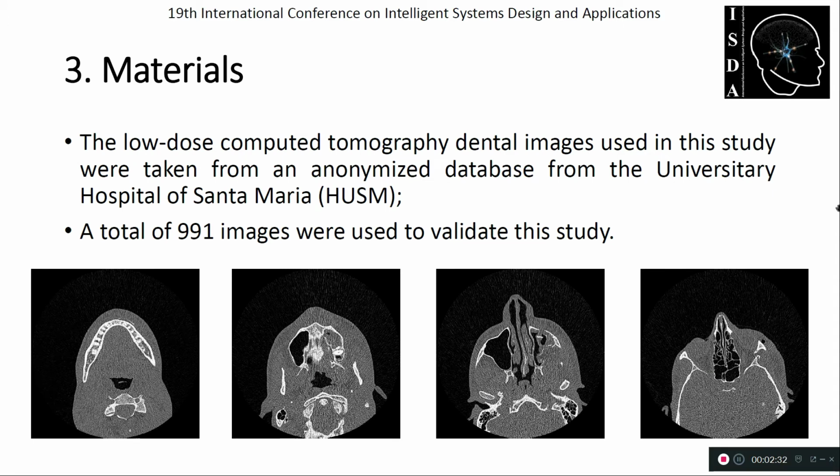So all the images used in this study were taken from an anonymized database from the University Hospital of Santa Maria and consist of a total of 991 images. And all of them are low-dose computed tomography dental images.